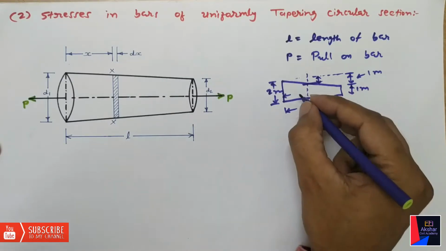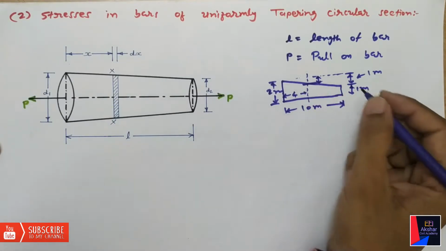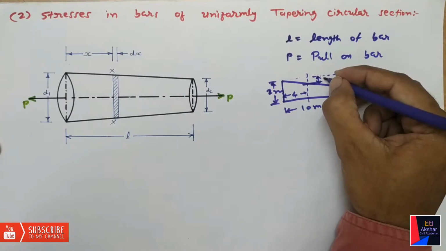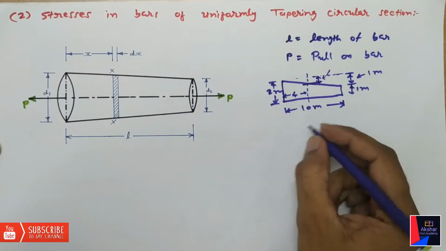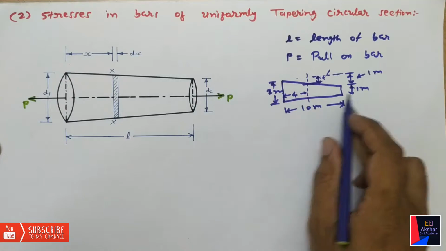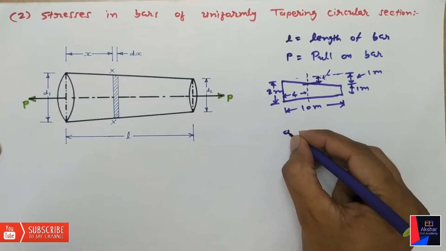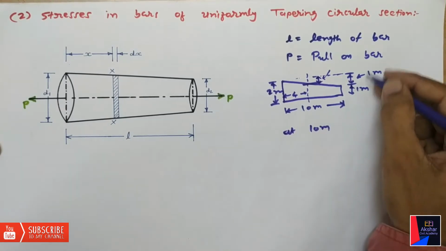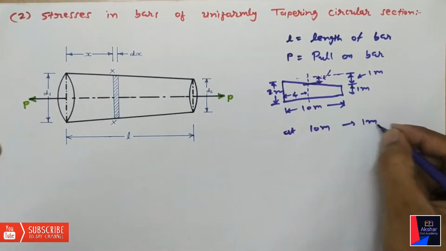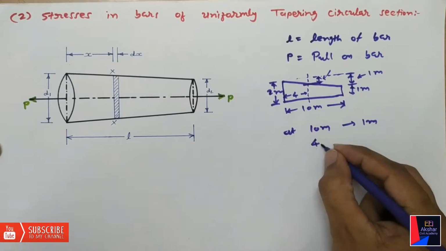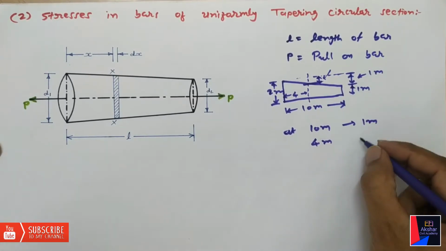For example, this distance is given as 4 meter and we want to find this difference. We consider that at 10 meter the difference is 1 meter, then at 4 meter how much will the difference be?